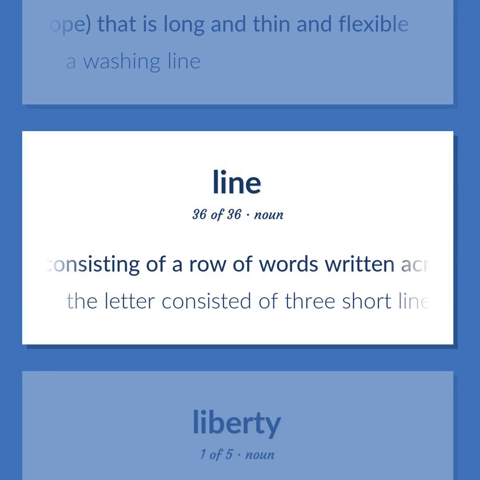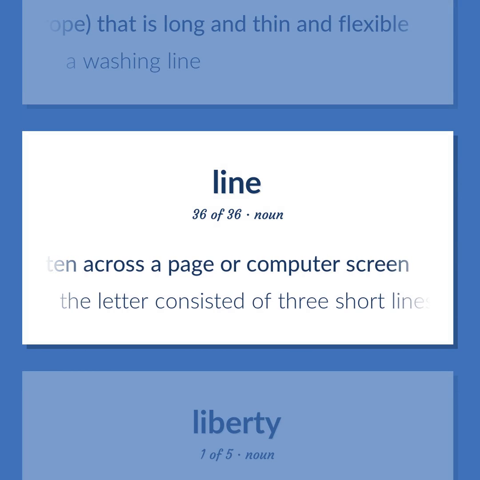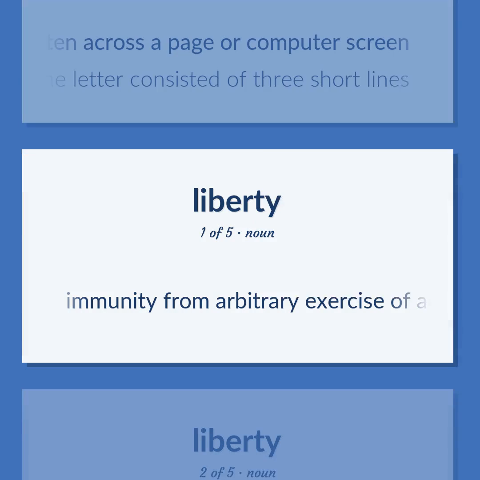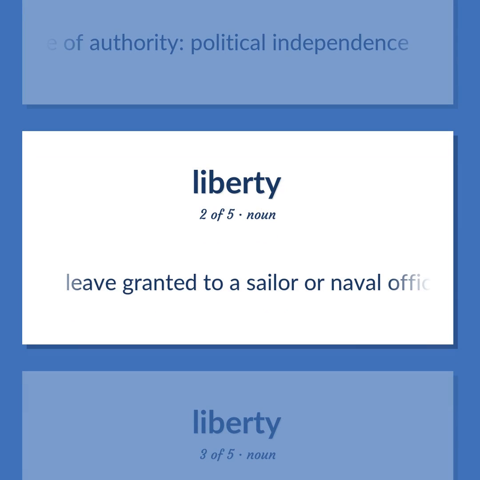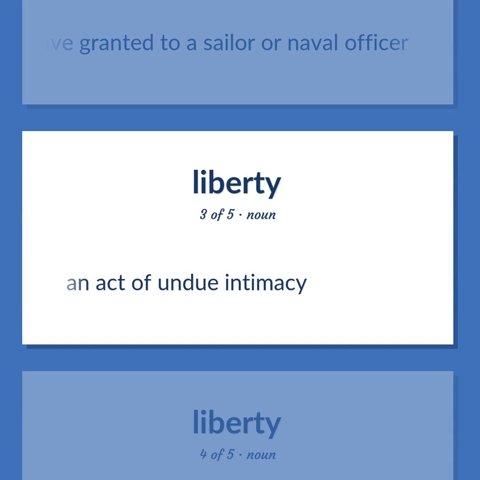Text consisting of a row of words written across a page or computer screen. The letter consisted of 3 short lines. Immunity from arbitrary exercise of authority, political independence. Leave granted to a sailor or naval officer. An act of undue intimacy.